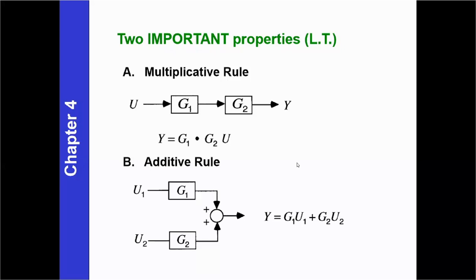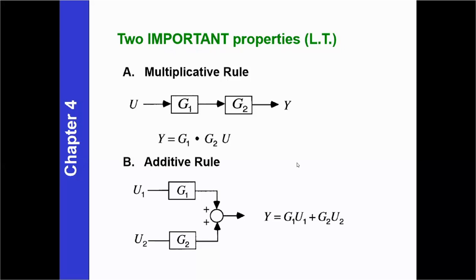Then the relation between input and output u and y is given as y equals G1, the transfer function of the first measurement, times G2, the transfer function of the second measurement.